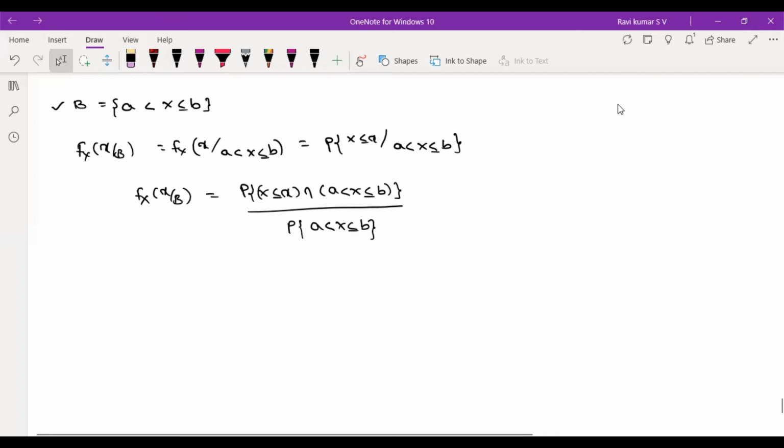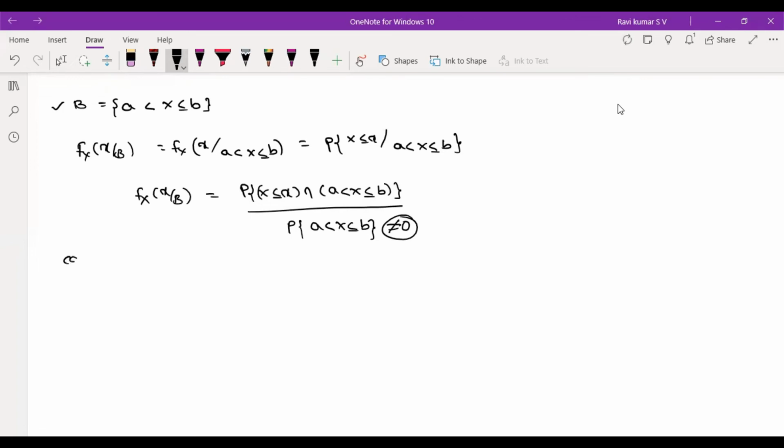Okay, and the condition is this denominator should not be equal to 0. You should remember this one. And now we need to take different cases to simplify this expression to get the final equation for this conditional distribution function for the given event B.